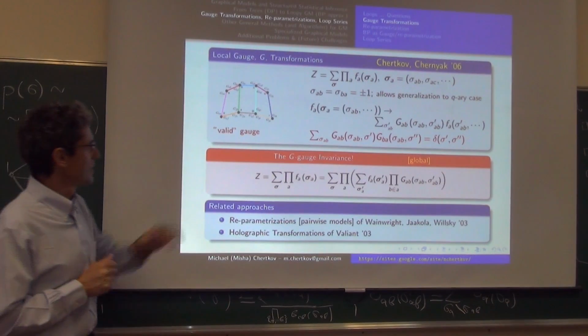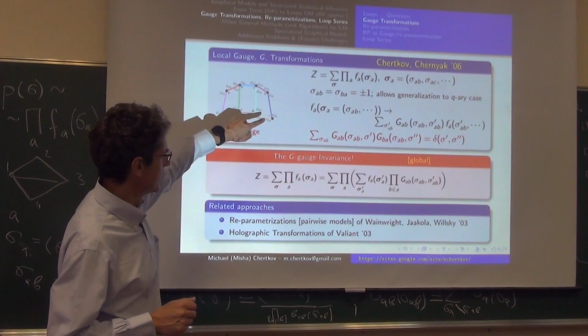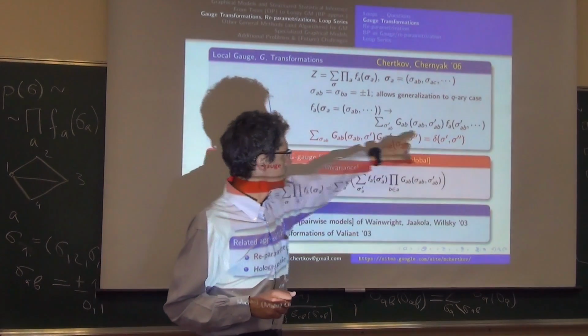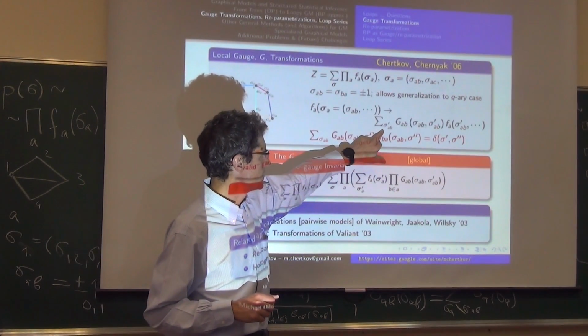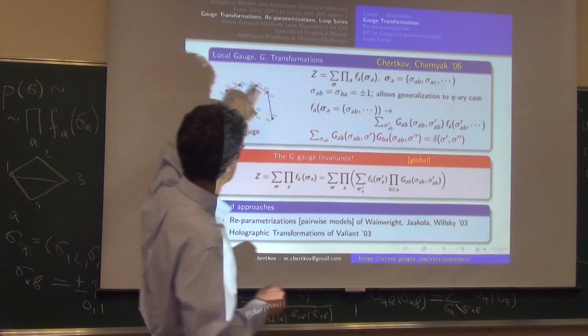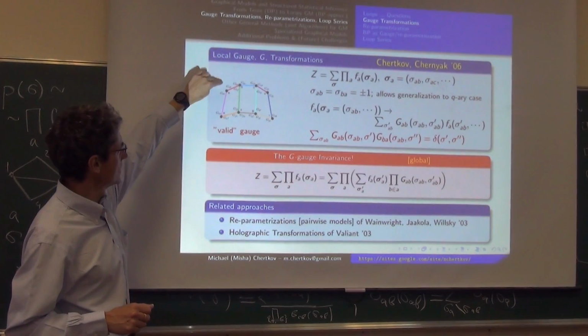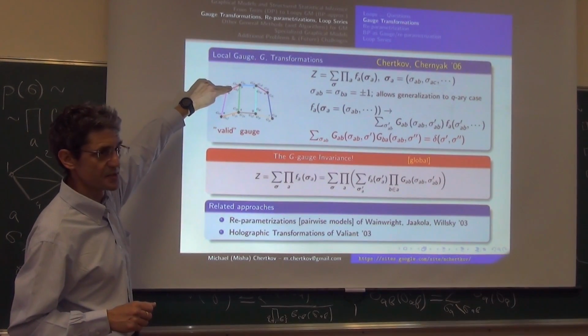And I put it pictorially in the following way. What does this linear transformation mean? You can think of it as introducing many matrices, actually two matrices associated with every edge.